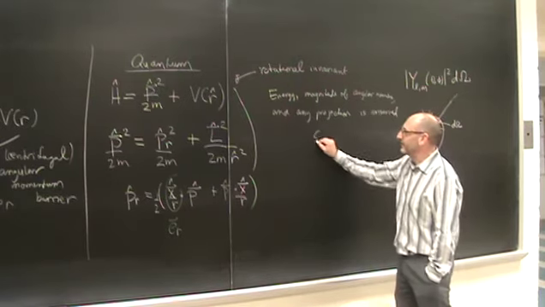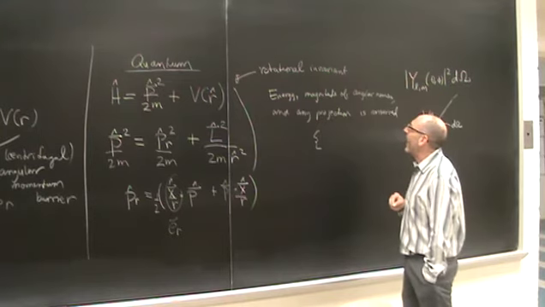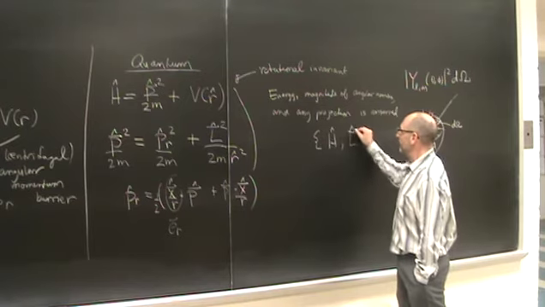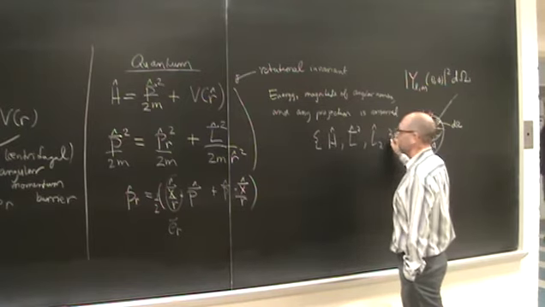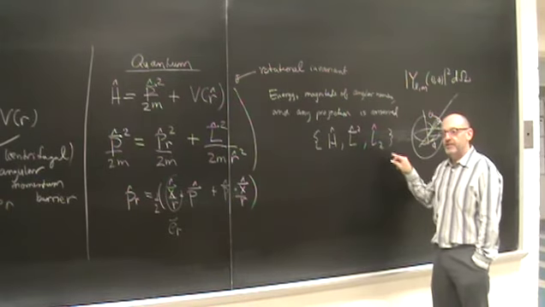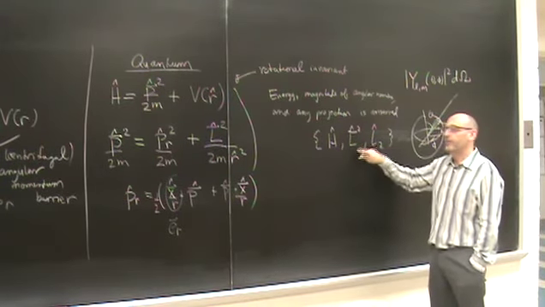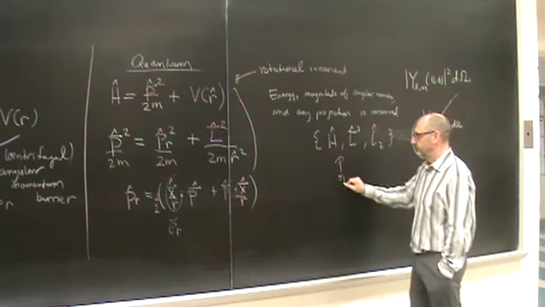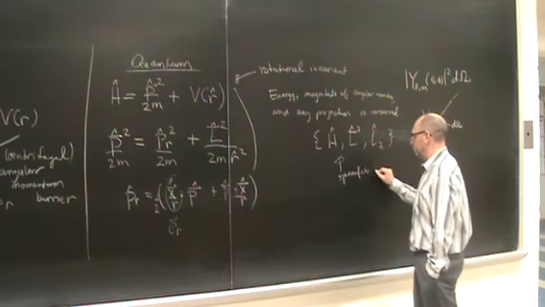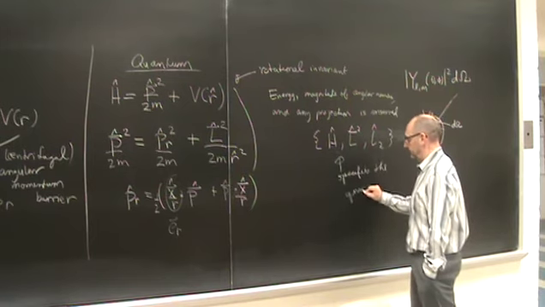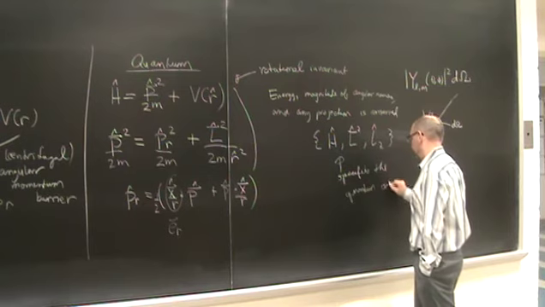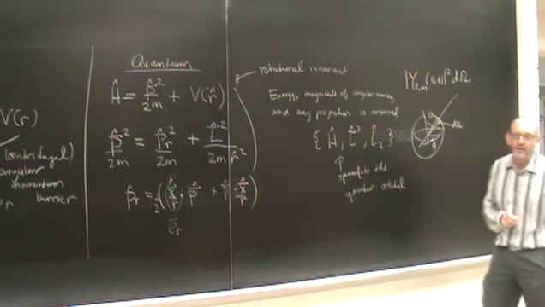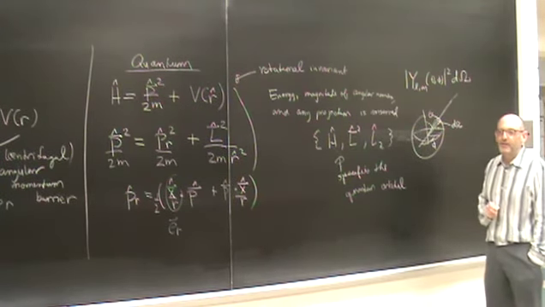So what are three operators that specify these? We have H, L squared, and L_z. So if I specify simultaneous eigenfunctions of the Hamiltonian, L squared and L_z, I specify the orbital. So it's basically the n, l, m. Exactly. So instead of orbits, we have orbitals, right?